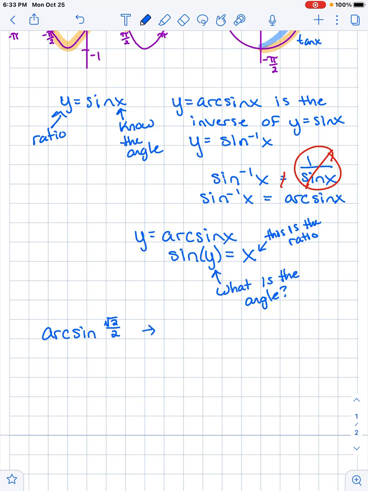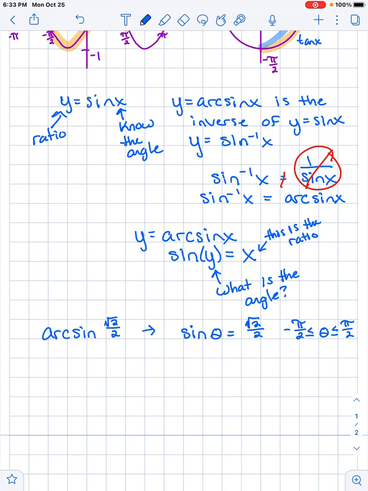So what this question is actually asking is, the sine of some angle theta is going to be square root of 2 over 2. And we know, because we've restricted the domain, that theta has to be somewhere between negative pi over 2 and positive pi over 2.